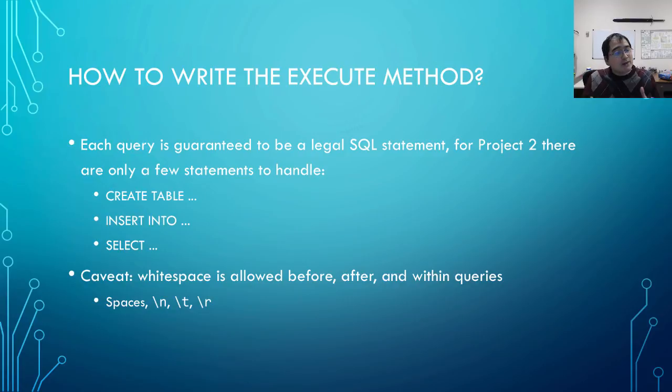The one thing to be aware of is that, like in SQL, you're allowed to have white space before, after, and within queries. What is white space? Space characters, new lines, tabs, carriage returns. And you're allowed to have those before the statement, after the statement, as well as in the statement. So I could say create tab table space students, and that means the same thing as just create space table space students.